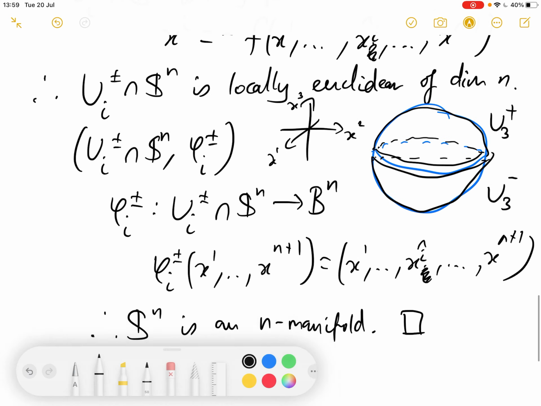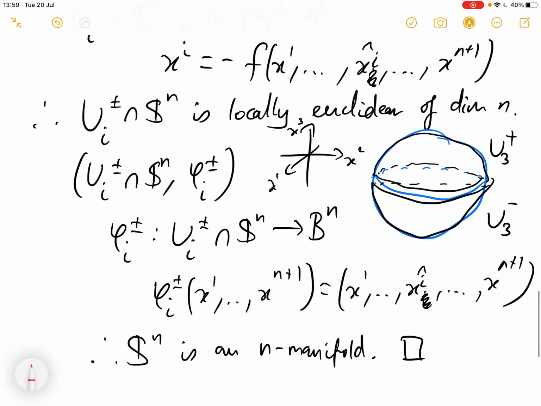We could divide it differently. We could take, in red, this half over here, where x2 is positive. So in red, this would be U2+, and the other side over here would be U2-. And then we could also divide it differently.